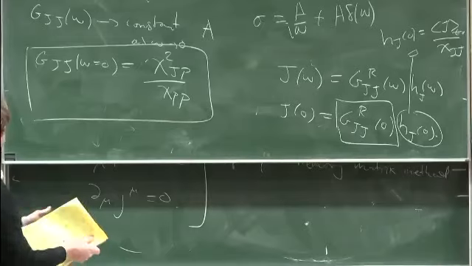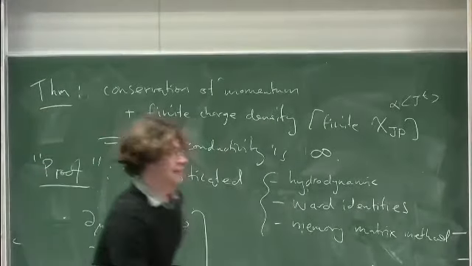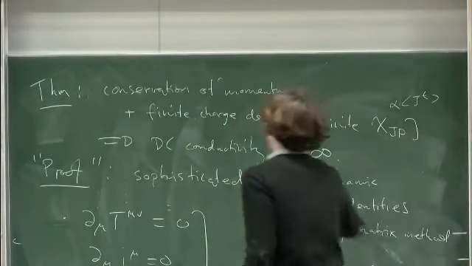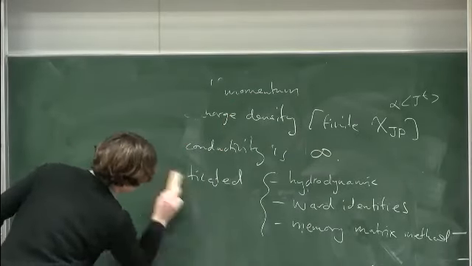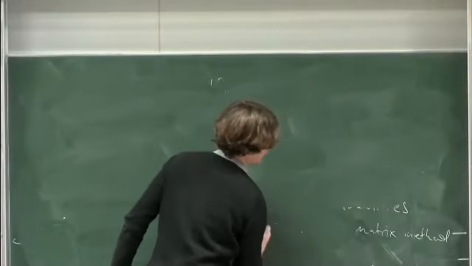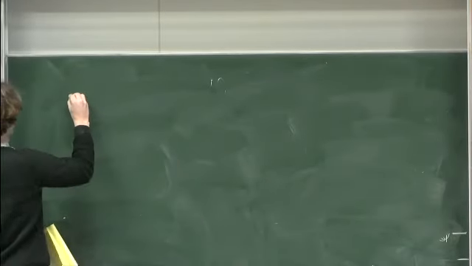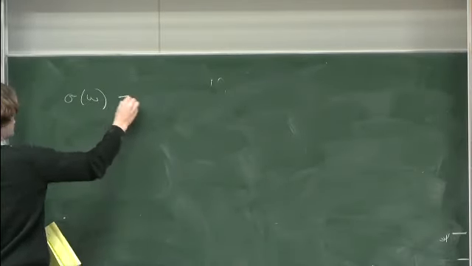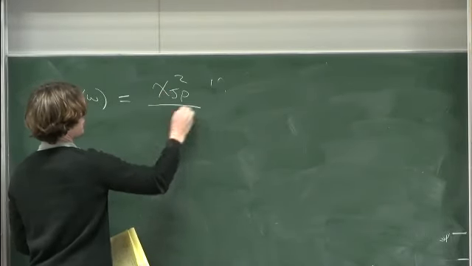So the upshot is the following: that this persistent current that gets dragged along by the momentum directly gives you a delta function in the conductivity that has a coefficient which is given by these susceptibilities.